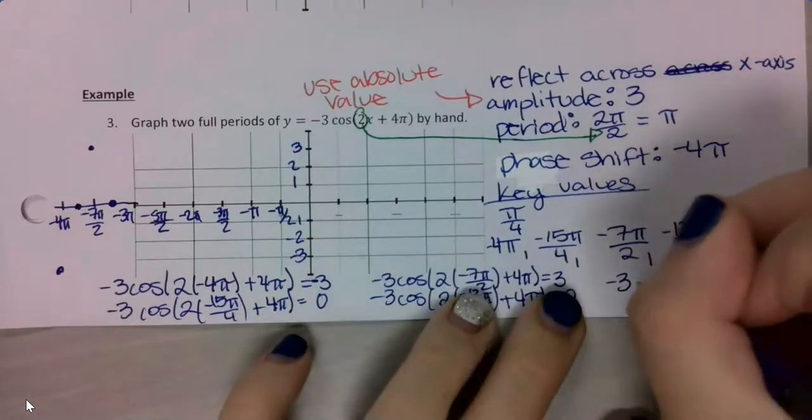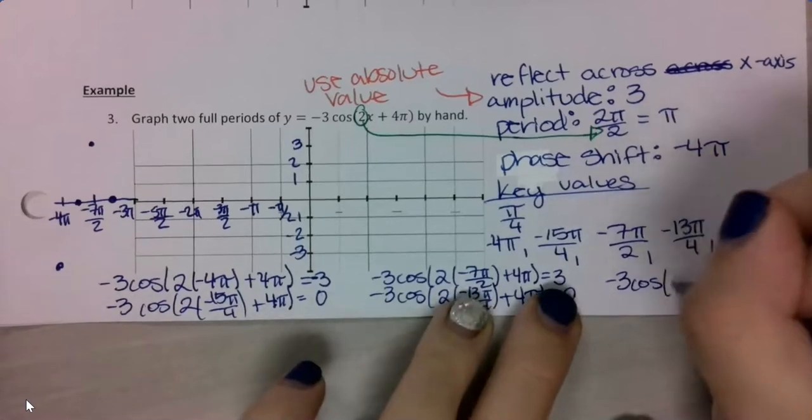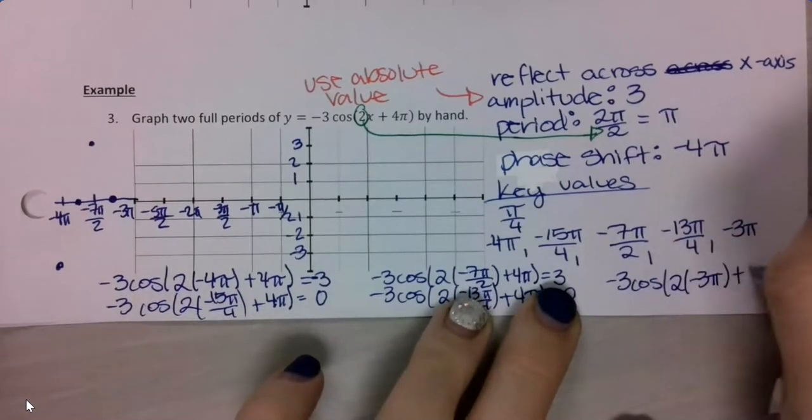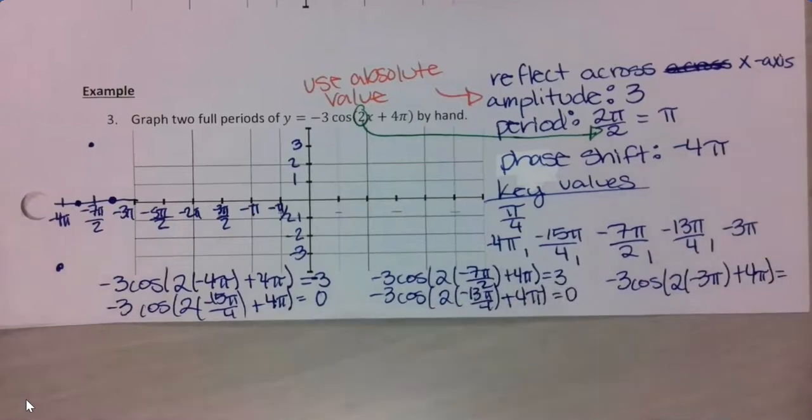And then I'm going to plug in my final one, which is negative 3 pi, which gets us negative 3.